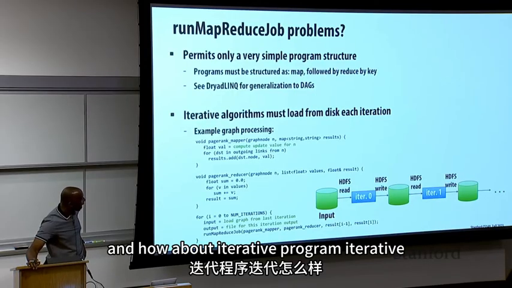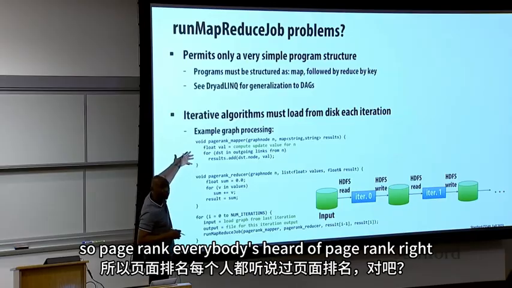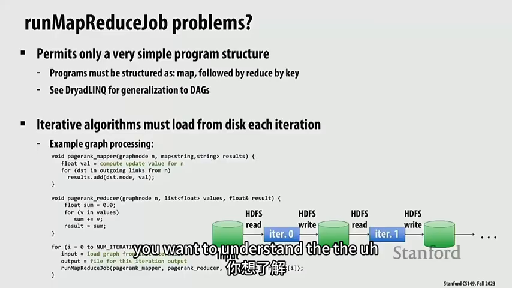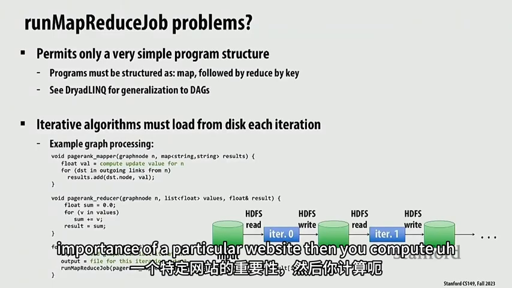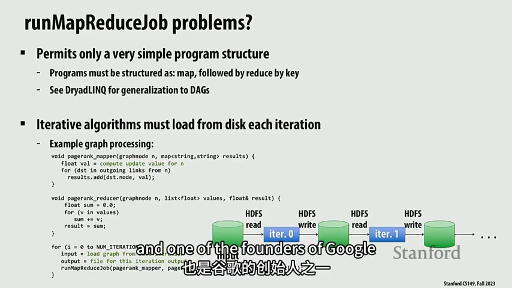Okay? And how about iterative algorithms? So PageRank, everybody's heard of PageRank, right? You want to understand the importance of a particular website, then you compute PageRank. It was originally invented by Larry Page, one of the founders of Google.